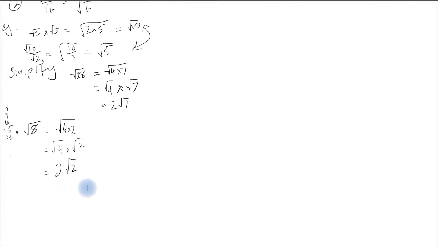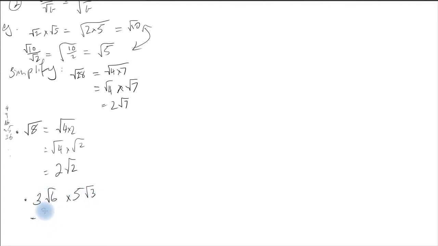There we go. Okay, let's do another example that's looking a little bit more complicated. So we might have 3 root 6 times 5 root 3. To simplify this one, everything is multiplied by everything else.